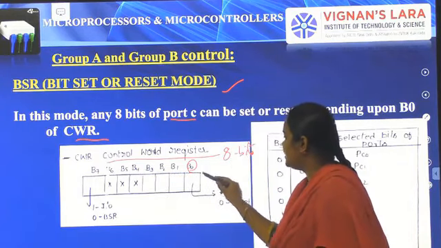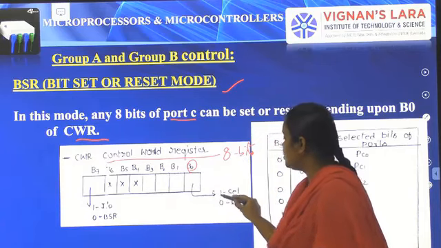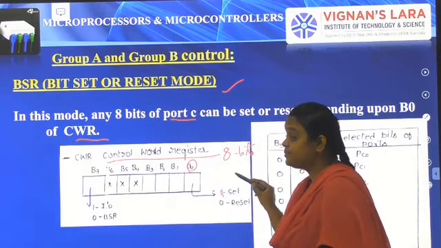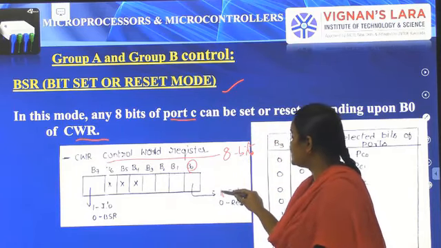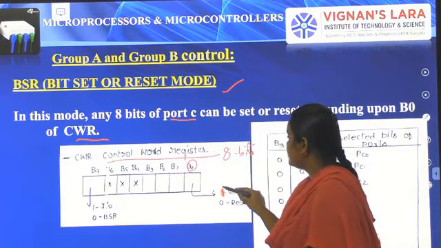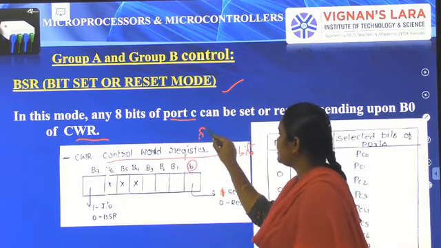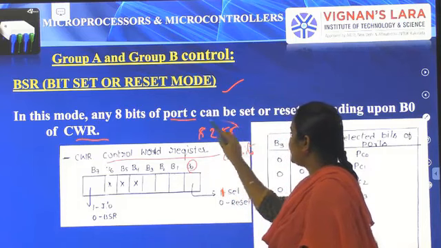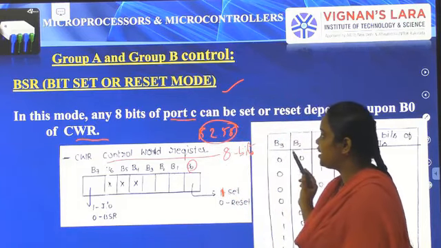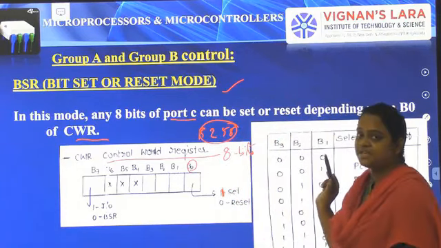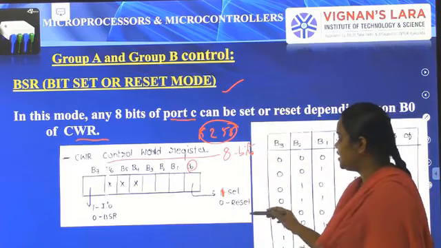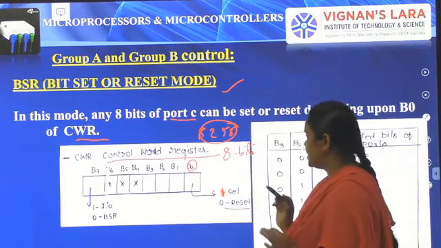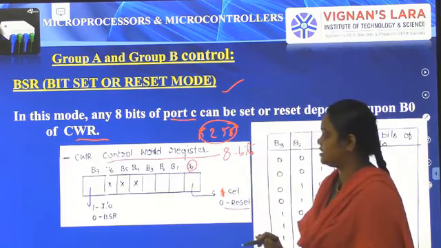Whenever B0 is 1, that means the 8255 is in the operation mode, going to operate. Whenever it is 0, that means the 8255 is in the off state.